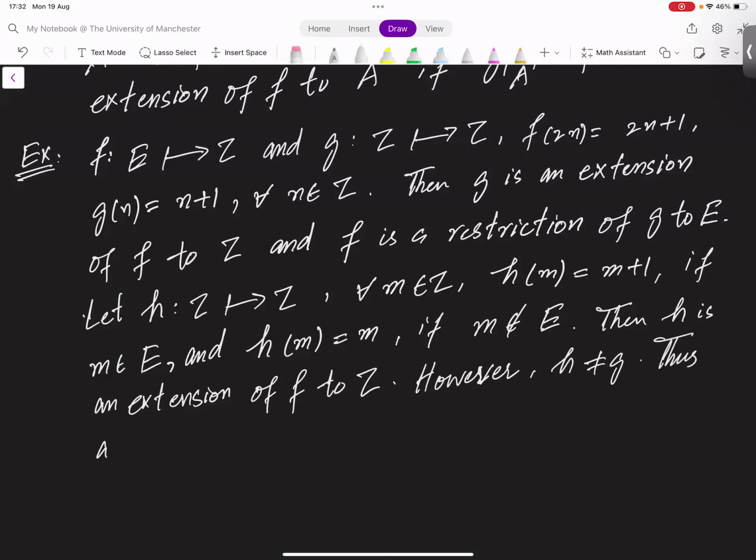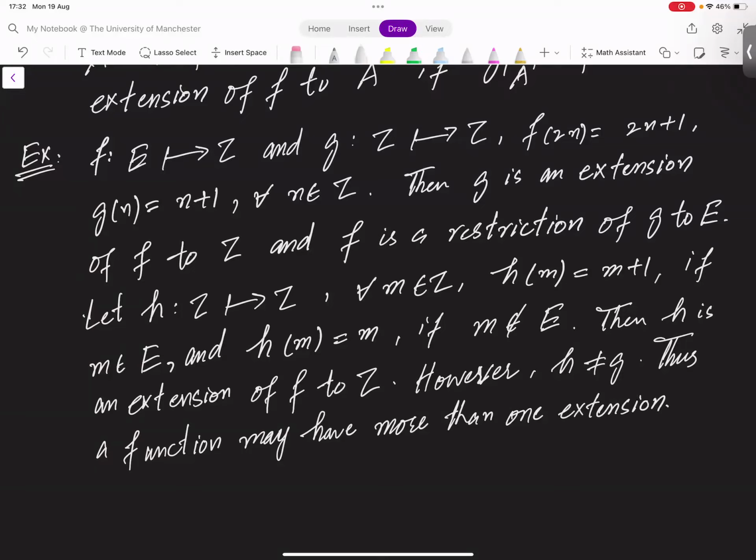Thus, a function may have more than one extension.